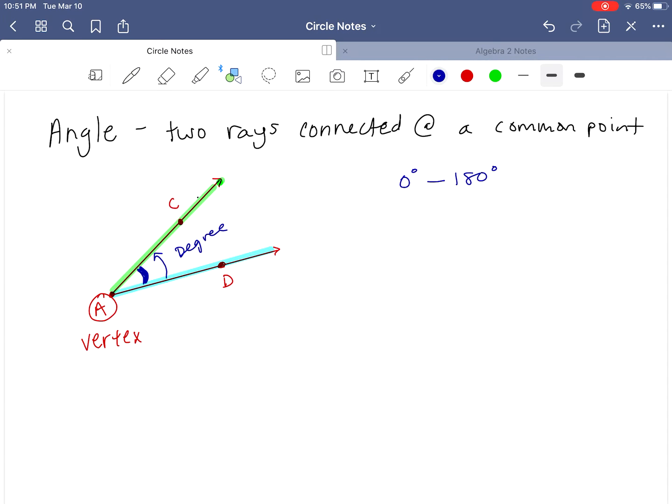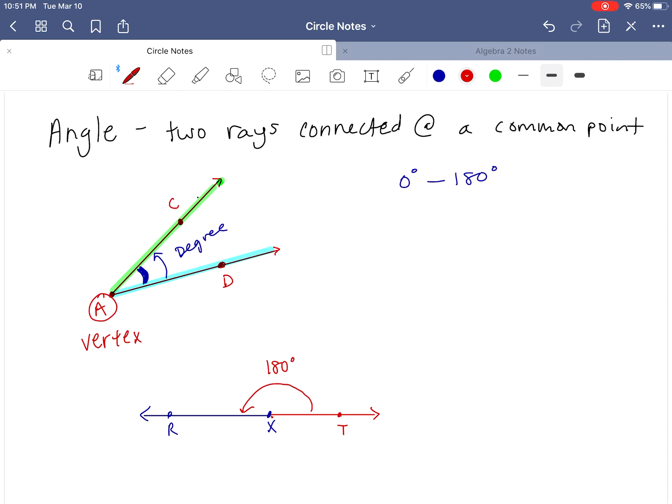So that would be if I drew one ray going this way, and that could be from X to R, and then I could draw another ray going the other direction. And that could be ray XT. So from one angle to the other angle, excuse me, goes all the way to the other side.